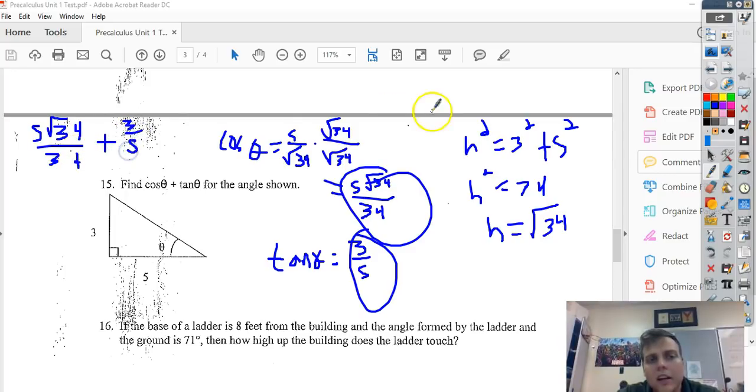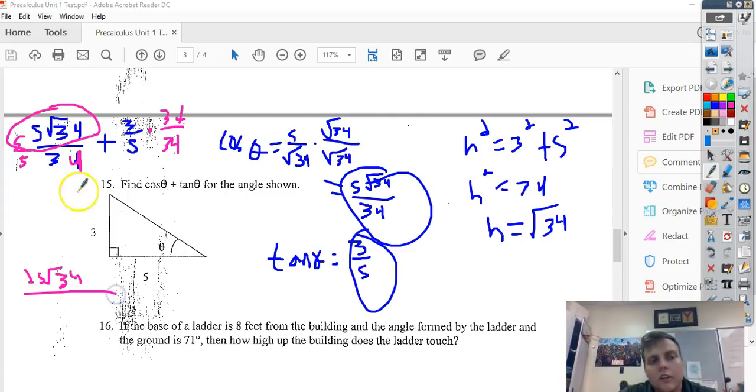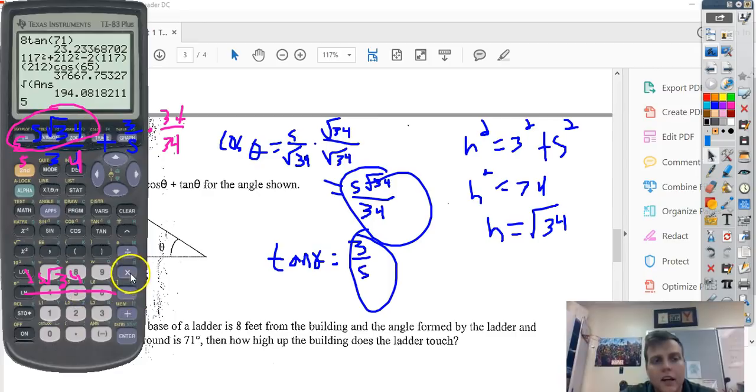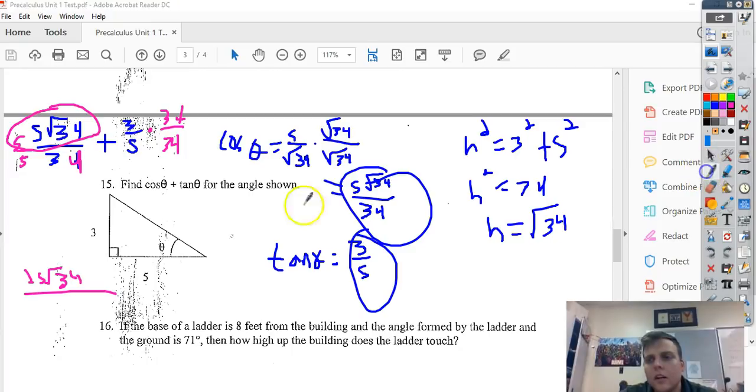The problem here is that I do not have a common denominator, so I can't actually add them. But I can make them have a common denominator by multiplying 5 by 34 on top and 34 on bottom for the other denominator, and then multiplying this one by 5 over 5. So this portion of the numerator is going to become 25 square roots of 34 all over 5 times 34, which is 170.